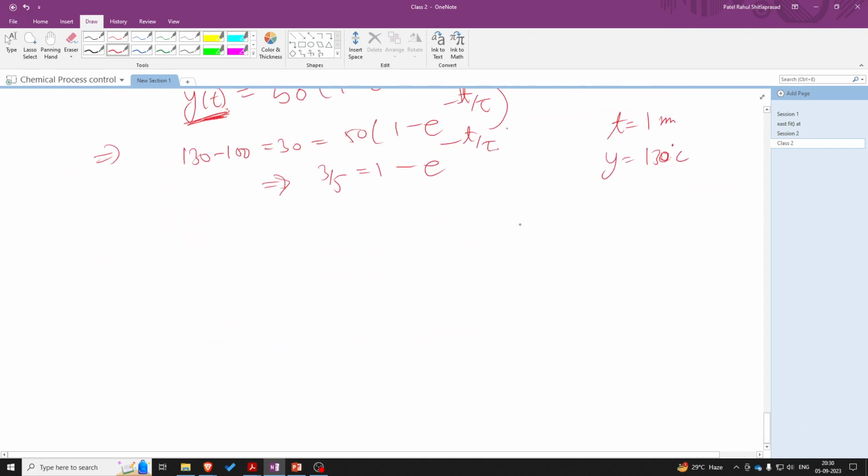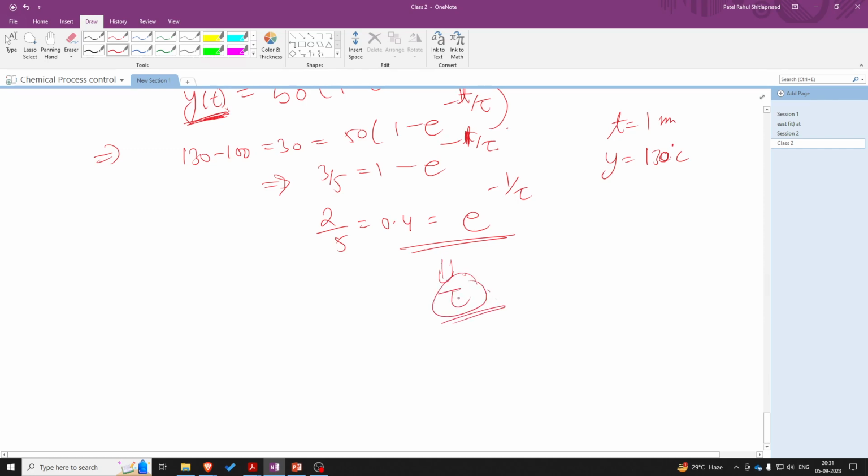The value of time is 1, so we get that 1 minus 3 by 5 will be 2 by 5, which is 0.4, is equal to e raised to minus 1 upon tau. So you can take log and then solve and ultimately find the time constant.